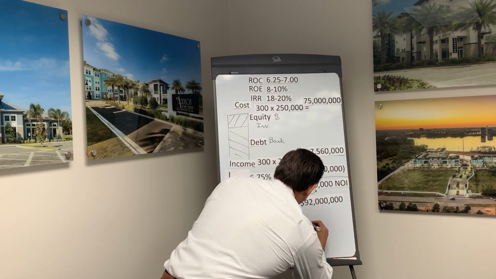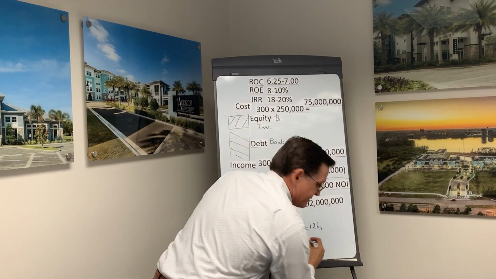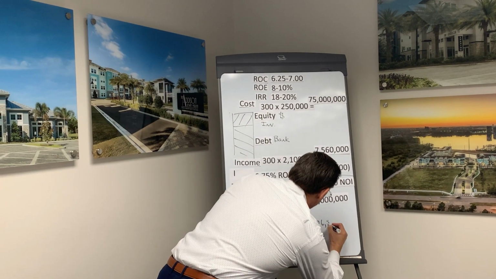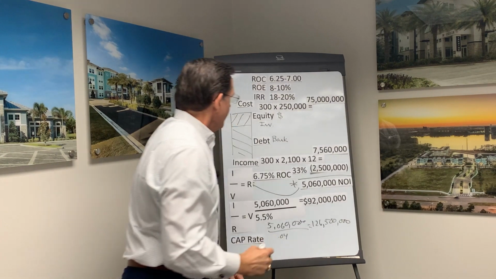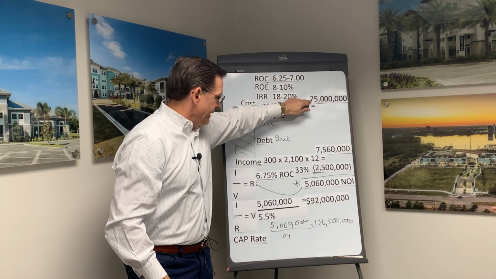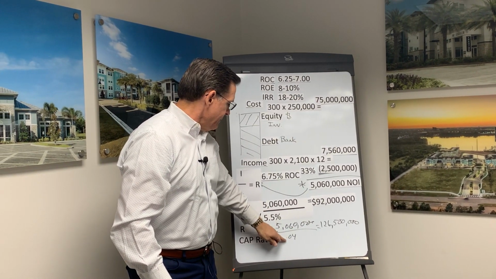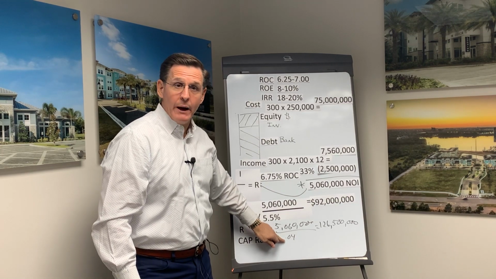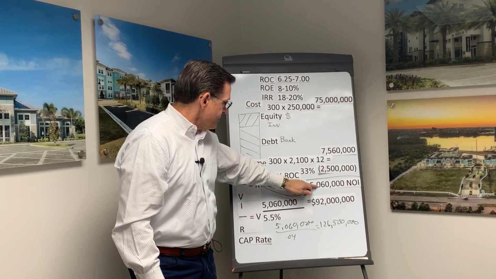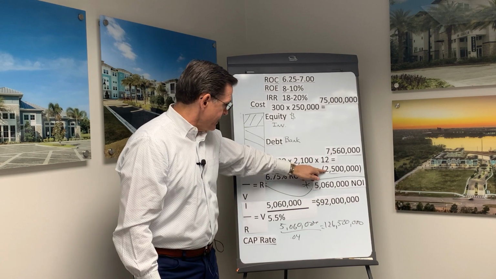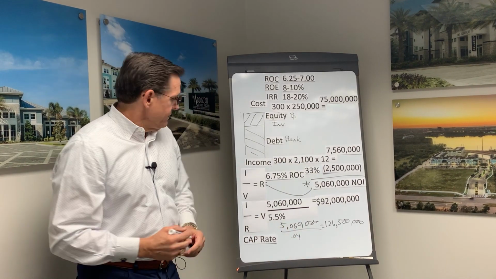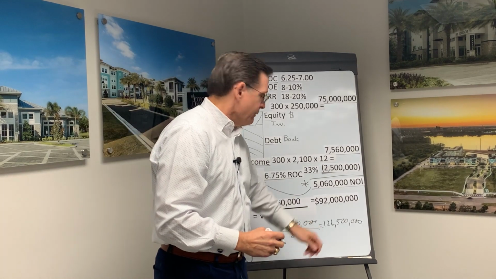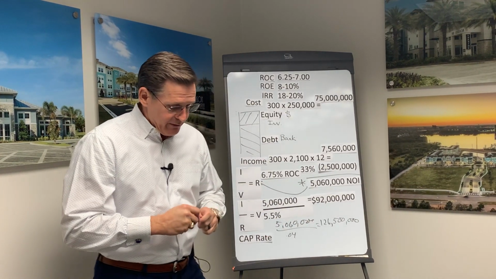This project would be worth $126,500,000, and it costs us $75 million to build it. Somebody's willing to come in and pay us based on a 4% cap rate. The NOI didn't change, the rents didn't change, the expenses didn't change, but what the investor was willing to accept on their money did change. So now we have a value of $126 million. It costs us $74.